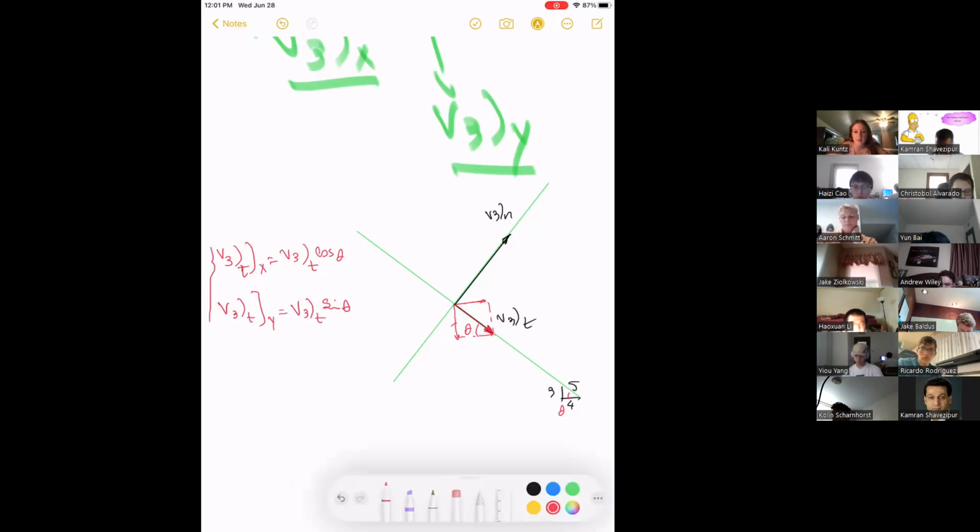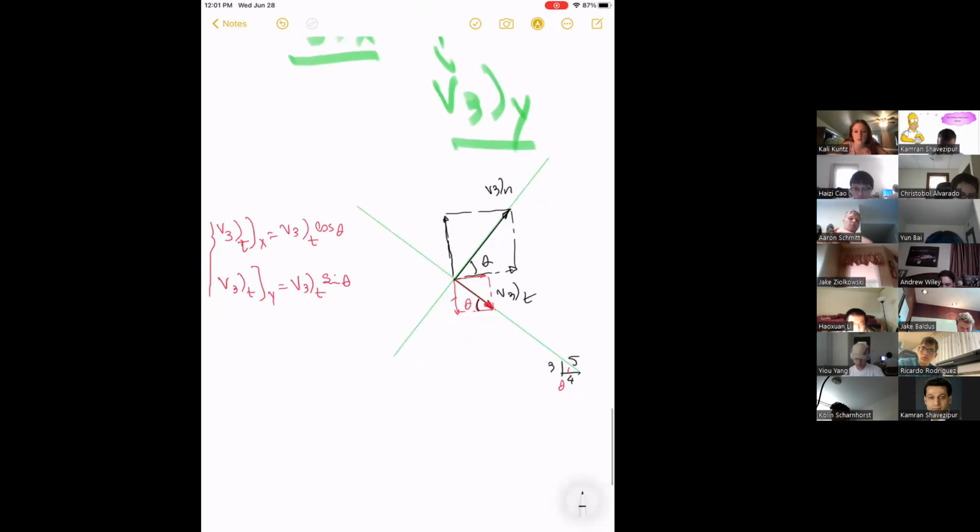For the n component, if this is theta, then this is going to be theta. So V3n, the x component, hold on. The x component is cosine. The x component is cosine again. How is that possible?